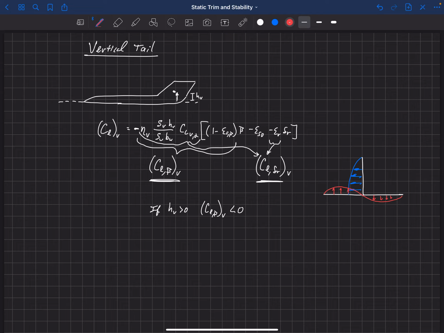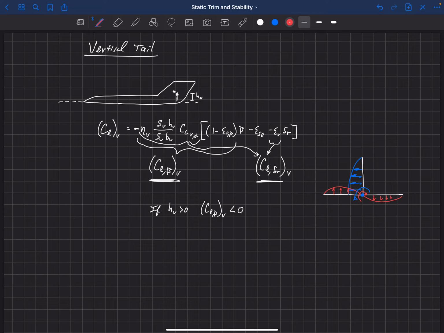So if we're looking at the influence of this, let's just pretend like the roll axis is right here in the center, then the vertical stabilizer is creating a rolling moment with positive beta that's in this direction, right? But the horizontal stabilizer is creating a rolling moment in the opposite direction.